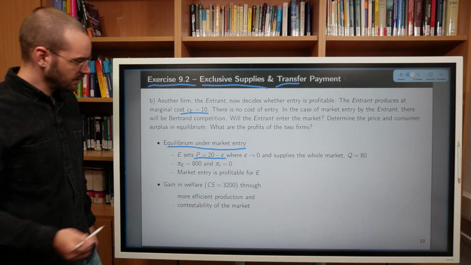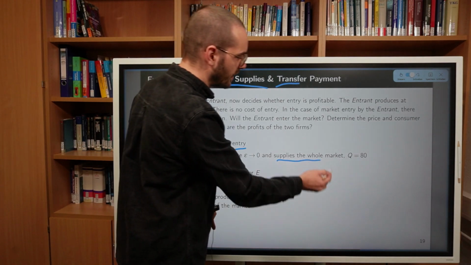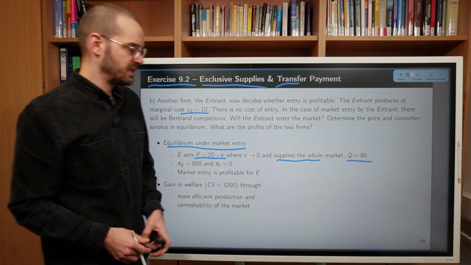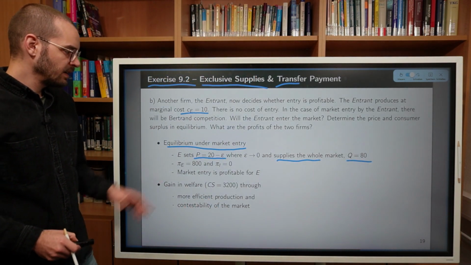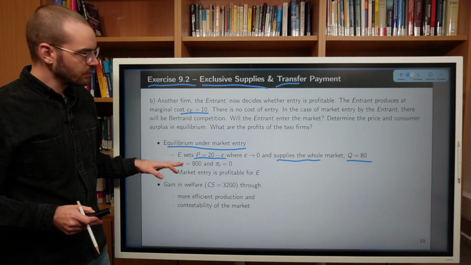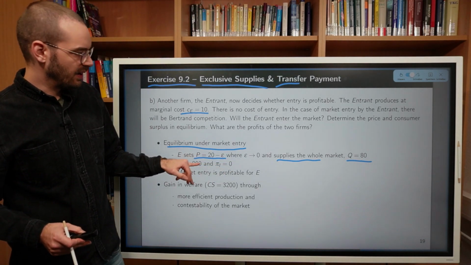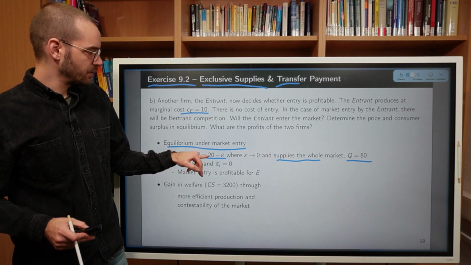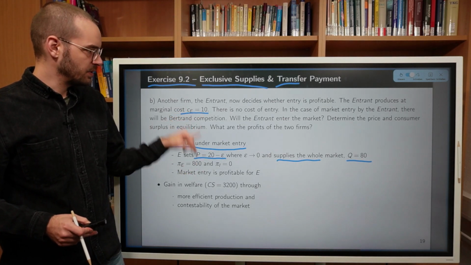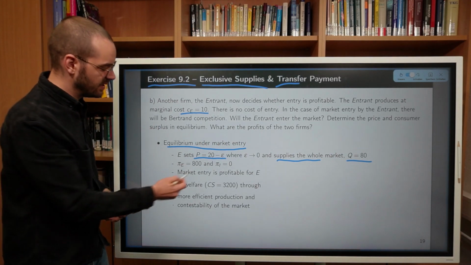With this price, the entrant will then supply the whole market and sell a quantity of 80. In this case, the entrant will make profits of 800, right? Because we have a price of 20 minus costs of 10, so 10 times a quantity of 80, so profits of 800.